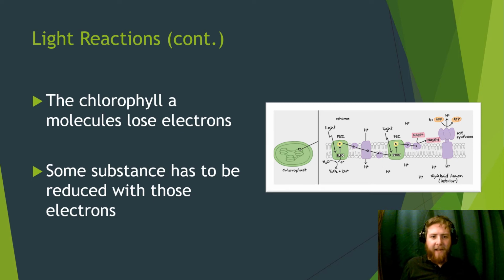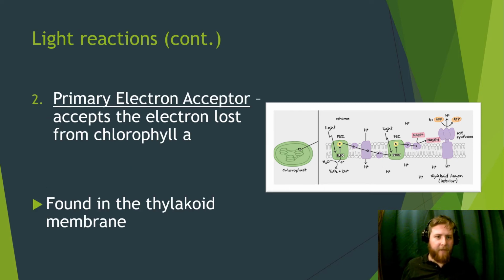Some substance has to be reduced with those electrons, and that one is the primary electron acceptor. This primary electron acceptor here is taking these and shuttling them along. And they are found in the thylakoid membrane.